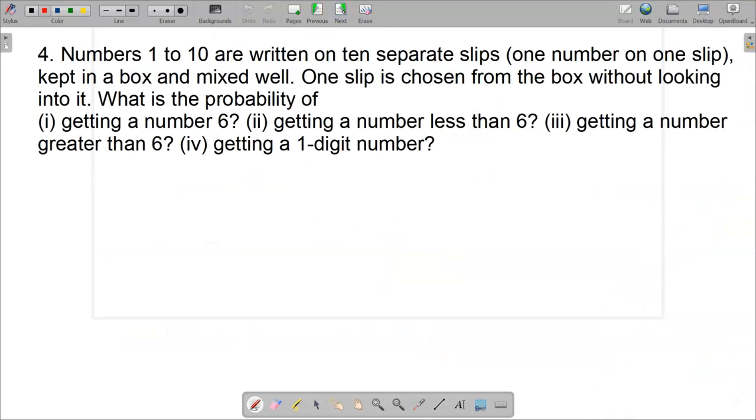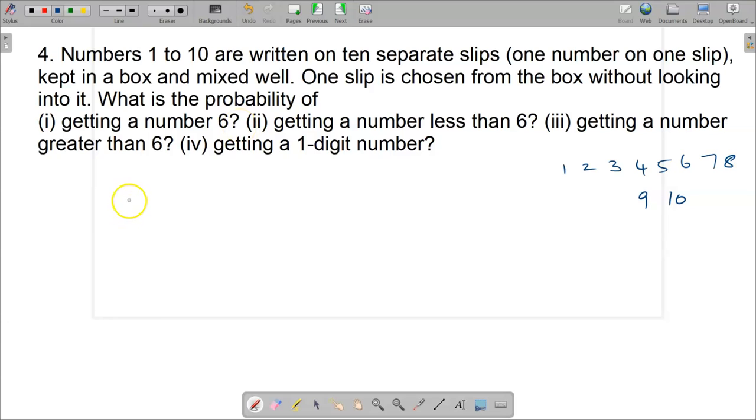Next, the numbers 1 to 10 are written on 10 separate slips. So 1, 2, 3, 4, 5, 6, 7, 8, 9, 10, like this 10 separate slips are there. One slip is chosen from the box without looking at it. What is the probability of getting the number 6?